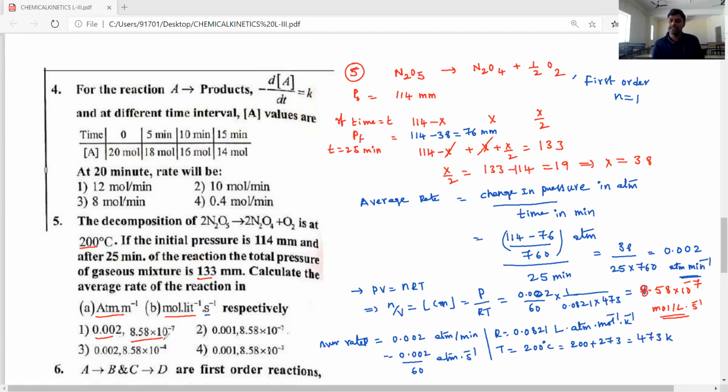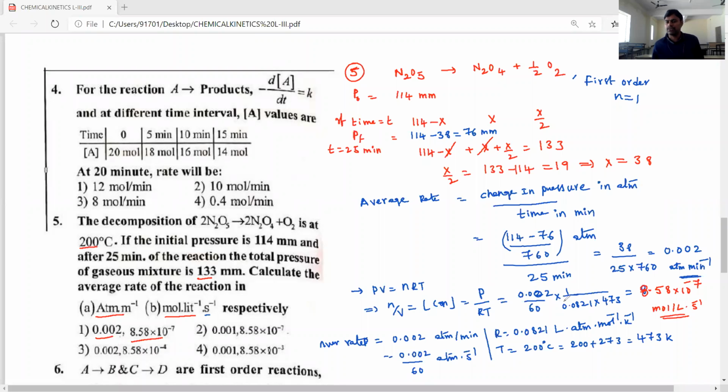How did I convert it in terms of concentration? We know that PV is equal to nRT, so the concentration, n by V, is P by RT. The average rate in terms of pressure we got is 0.002 by 60 atmosphere second inverse.